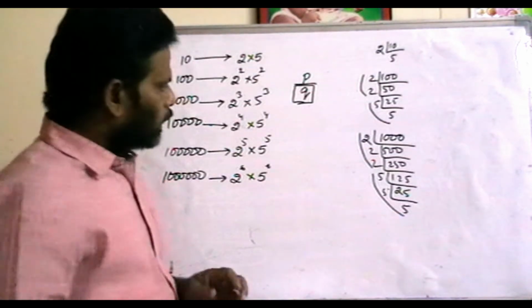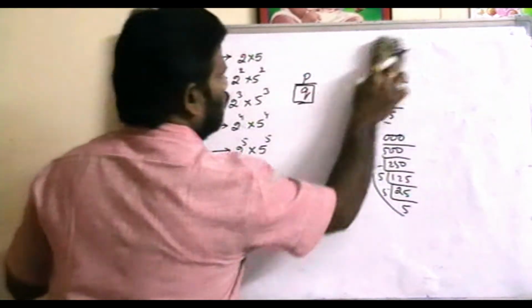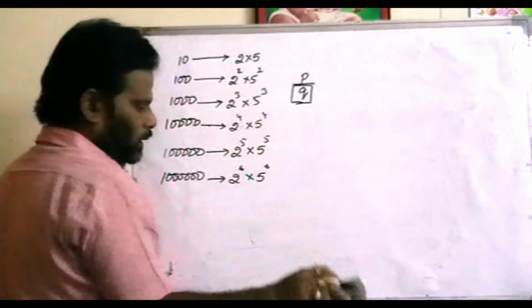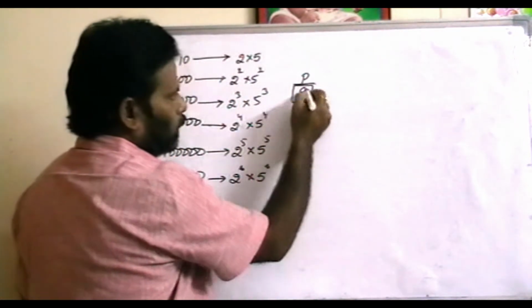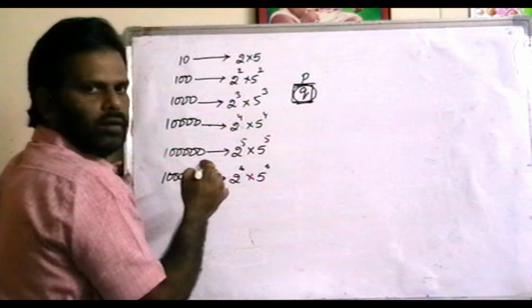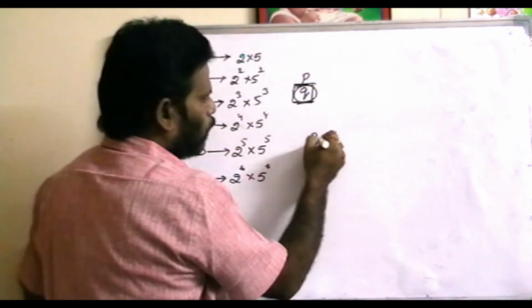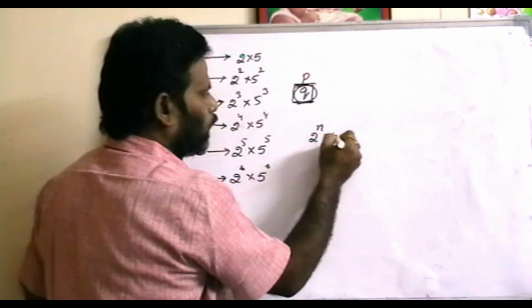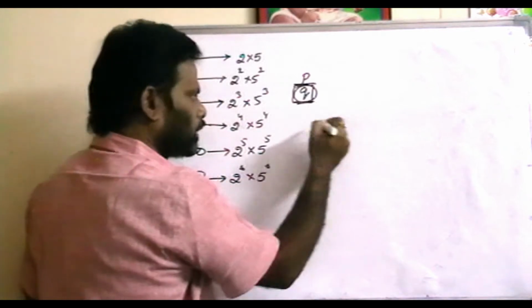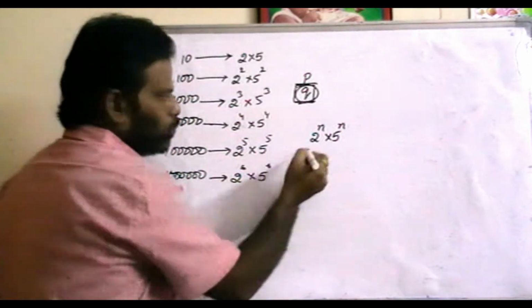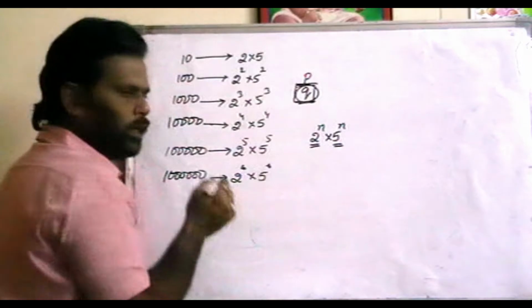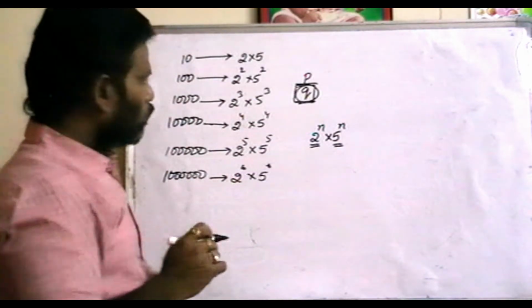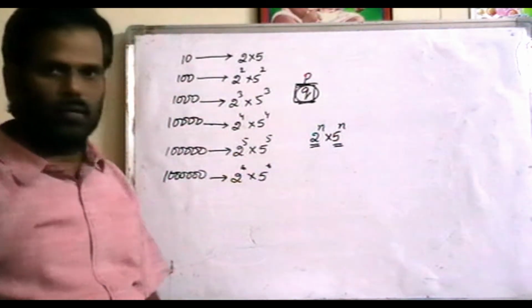That means in any given fraction, if the denominator q part's prime factors are in the form of 2 power n into 5 power m, whatever it may be, only in terms of 2 and 5, then we can say that it is a terminating decimal.